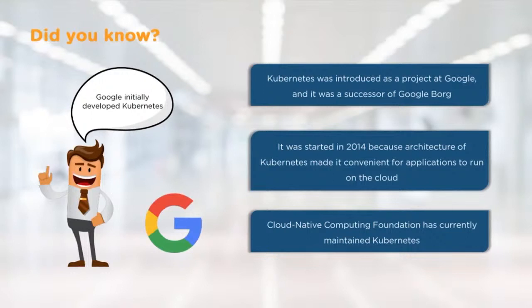Today it is managed by the Cloud Native Computing Foundation, and there are many companies that support and manage Kubernetes. For instance, if you're signing up for Microsoft Azure, AWS, or Google Cloud, all of them will leverage Kubernetes, and it's become the de facto tool for managing large groups of containers.